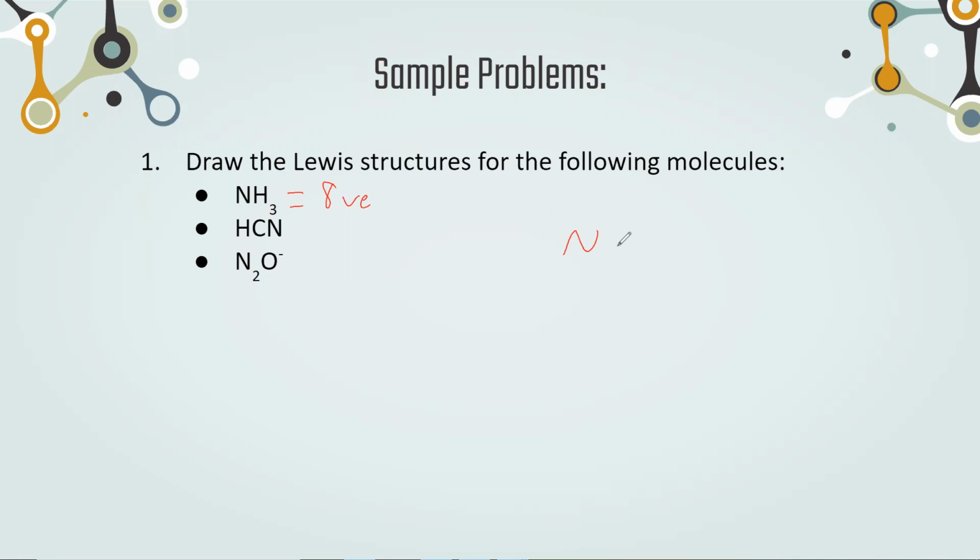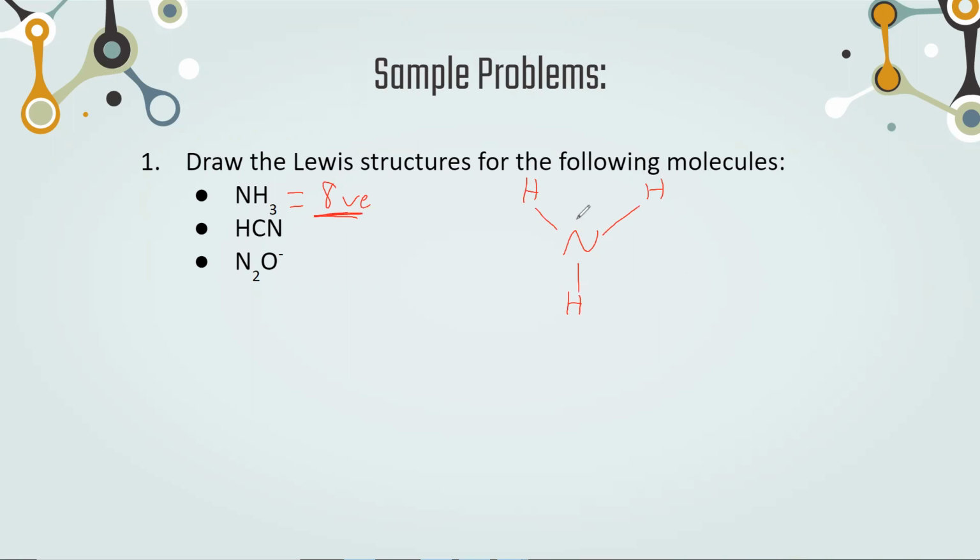And so it doesn't make any sense for hydrogen to be in the middle. Then we are going to place our hydrogens somewhat symmetrically around, and we're going to connect everything with a bond line. All right. So now that we've done this, we need to check and see if we have accounted for all of our valence electrons.